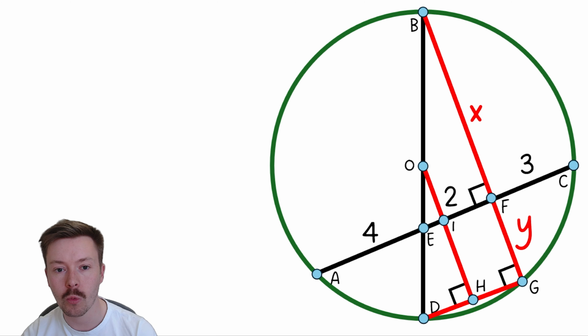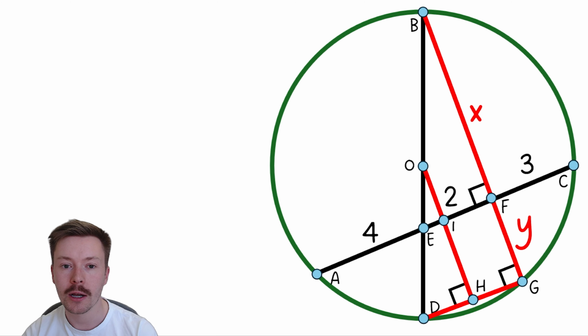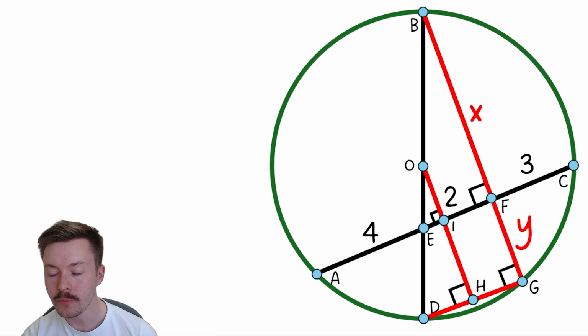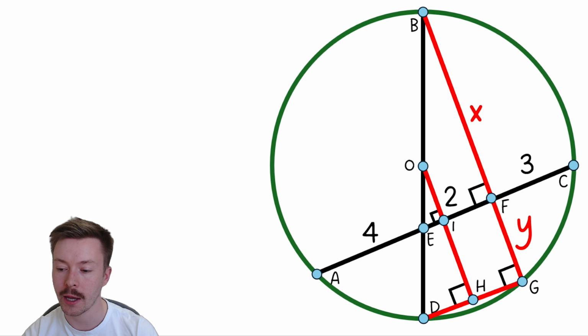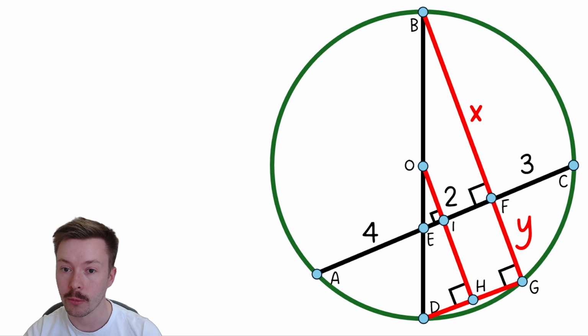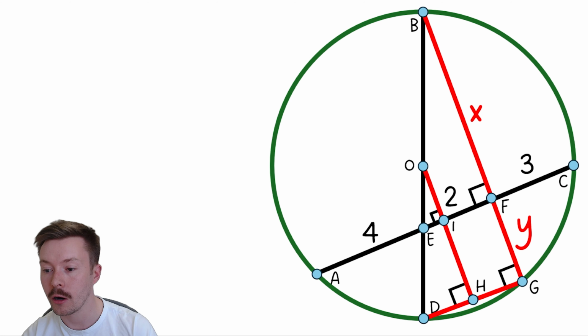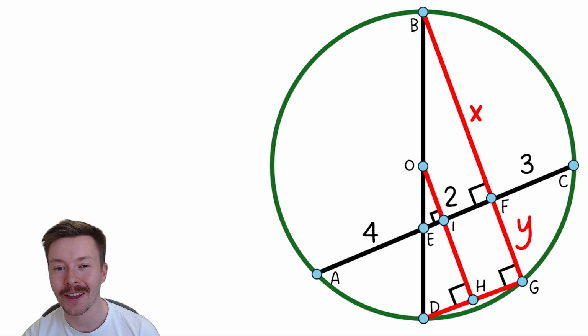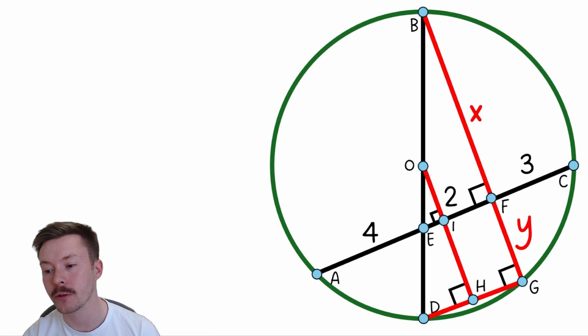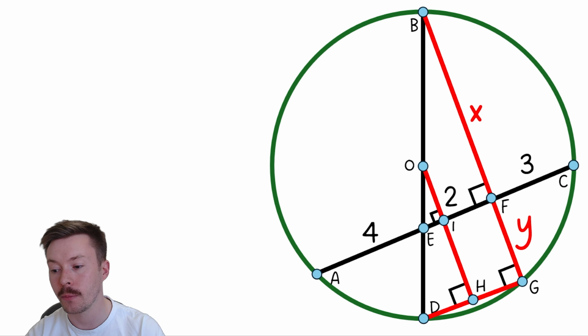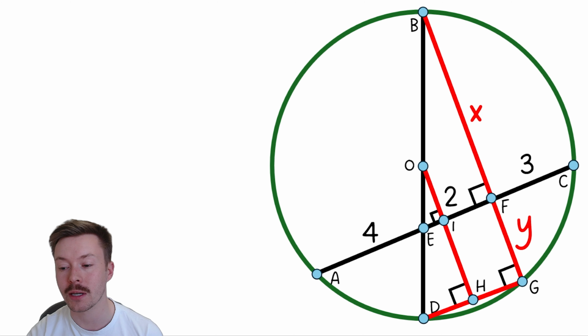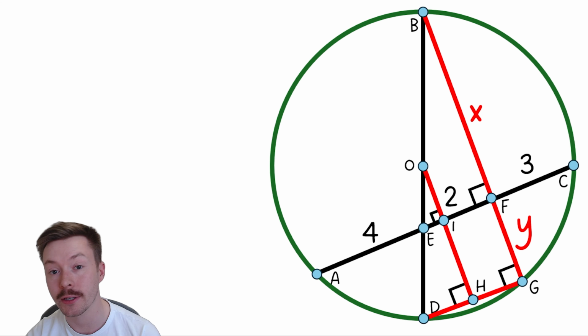The reason I want to make that line meet the chord at 90 degrees is because if that's 90 degrees at H, D H I, then I must also have 90 degrees at E I O, because we have corresponding angles, and the lines O to H and B to G must be parallel lines because they are meeting that chord D to G at the same angle, at 90 degrees.